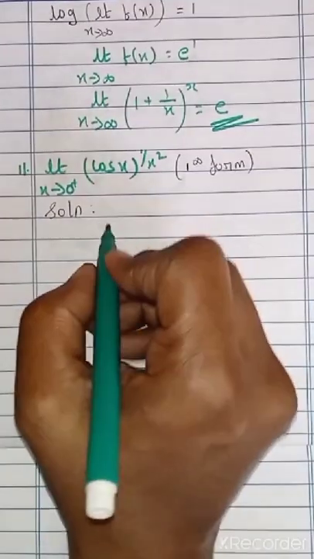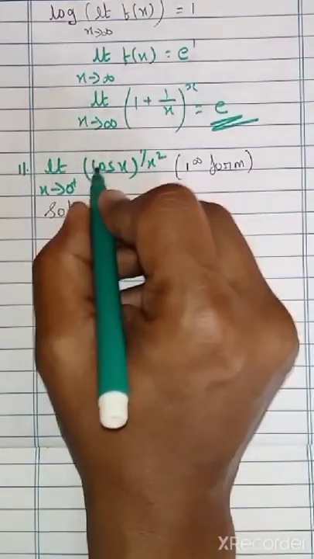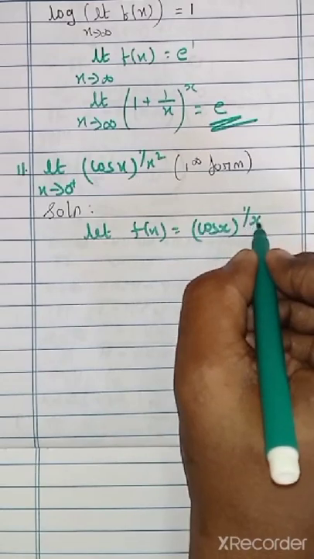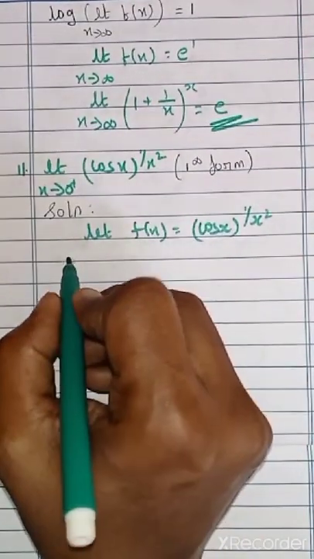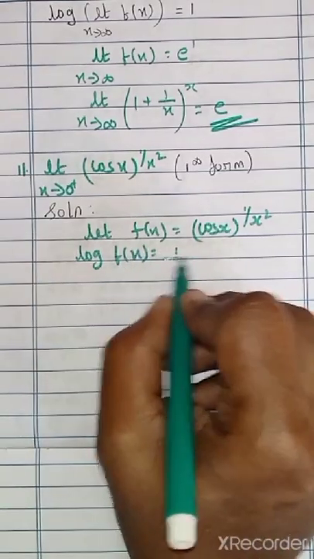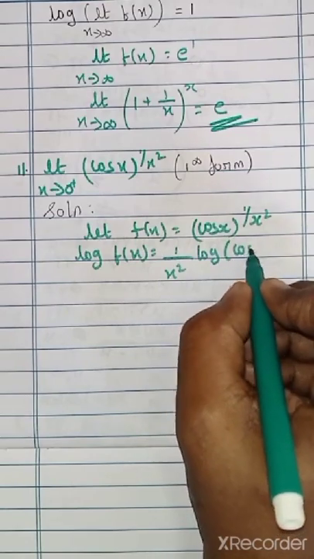The solution is what? Let f of x equal to (cos x) the whole power 1 by x square. Taking log on both sides, so log f of x equal to 1 by x square log cos x.